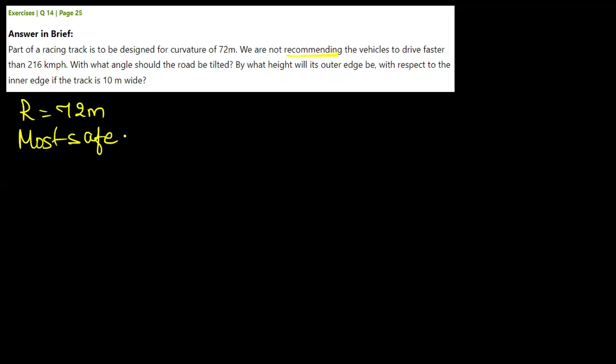It is not the maximum speed, it is the most safe speed, because they are just recommending. It is not a compulsion that you have to follow; it is just a recommendation that if you drive within this speed you will be safe. That is the most safe speed denoted by v0. We also call it the optimum speed, or the most safe speed. It is given as 216 kilometers per hour.